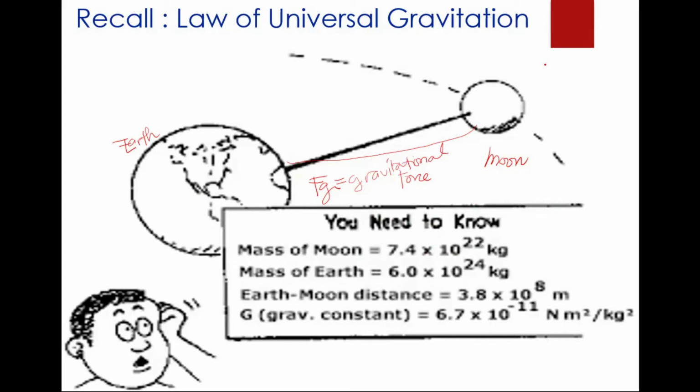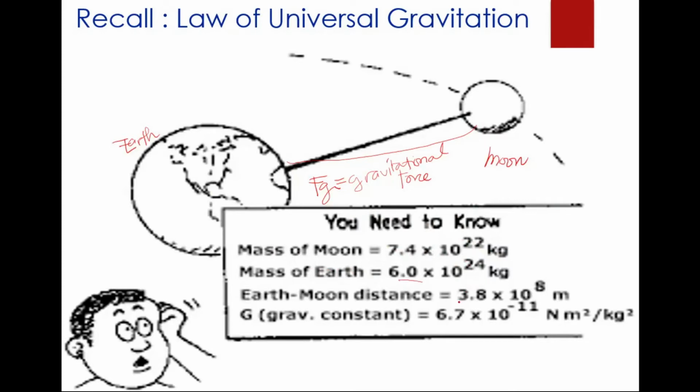The mass of the Moon is 7.4 times 10 raised to 22 kilograms, and the mass of the Earth is 6.0 times 10 raised to 24 kilograms.